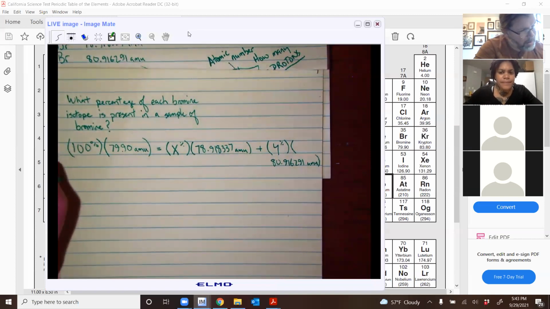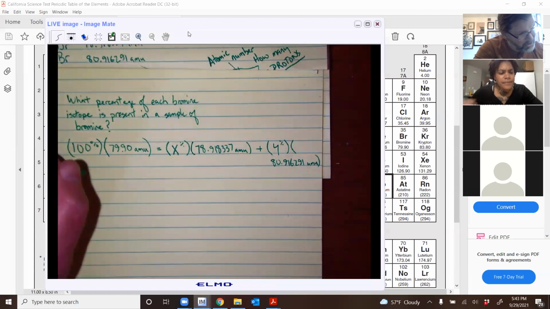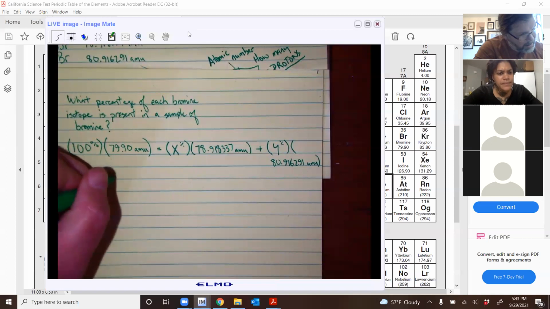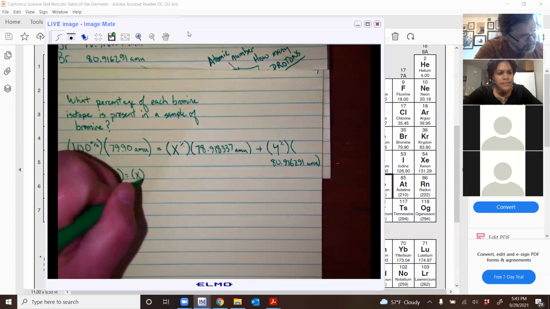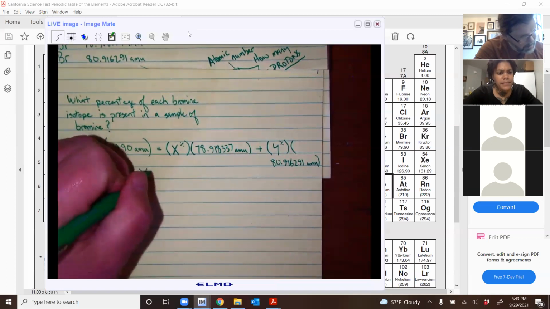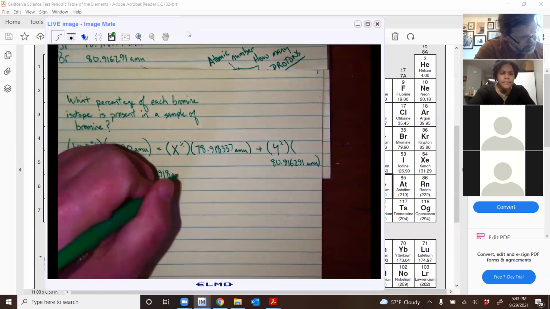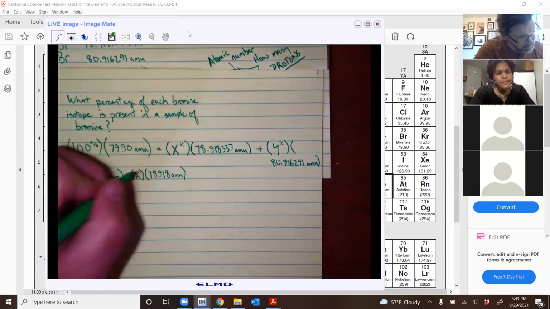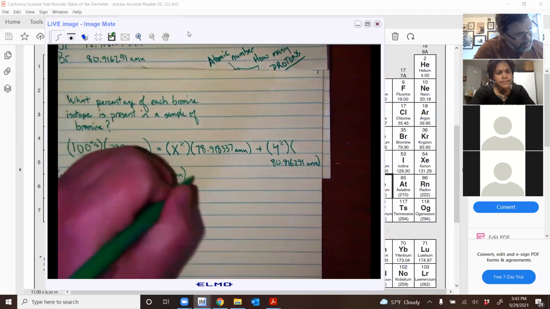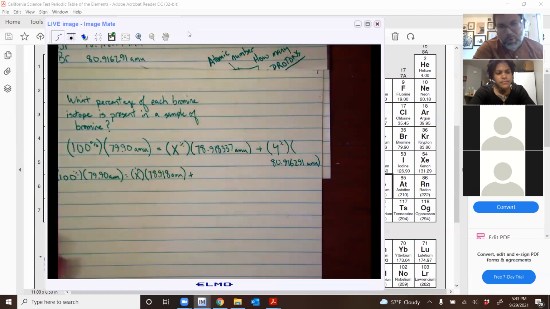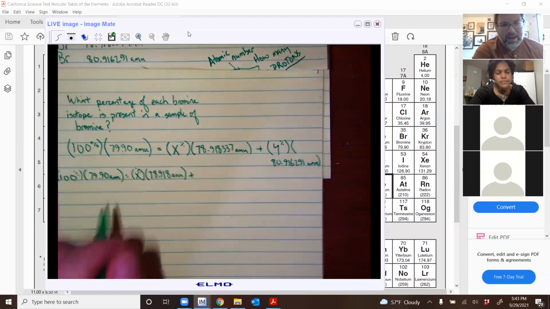Okay, so I'm going to reset this up, but use that information that those two isotopes have to be a total of 100%. And I'm not going to write all 6 decimal places because we're rounding to 4 significant figures at the end anyway.